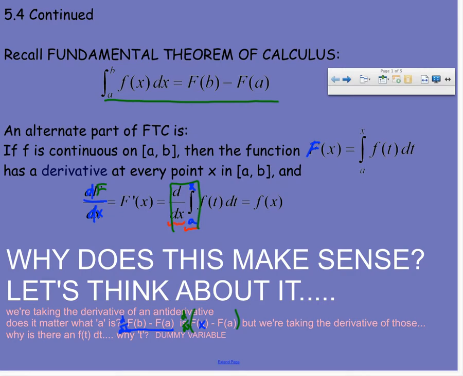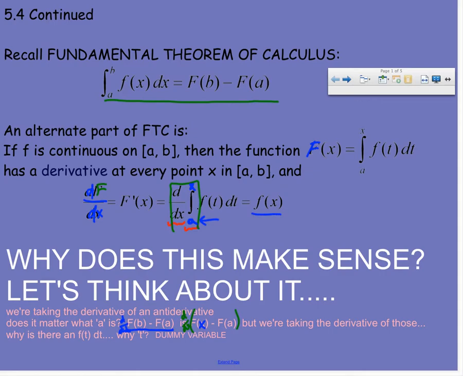What would the derivative of capital F of a be? Isn't capital F of a just a constant? The derivative of a constant is 0. So no matter what that a was, whether it was 0, 5, 7, or -2, when you take the derivative of that constant, it's going to go away. So it does not matter what this a is. It can be 5, 0, 7. The derivative of that is going to go away, so no matter what a is, this part still remains the same.